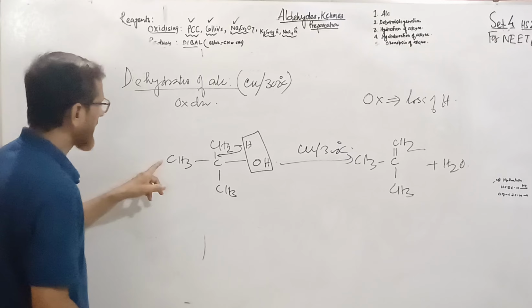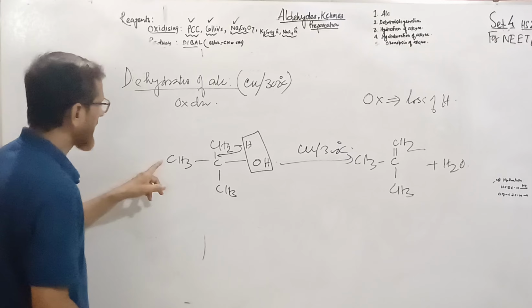But the tremendously important fact here is, if it is a 3 degree alcohol, what happens? Just see: CH3 C(OH) CH3 with CH3, it is a 3 degree alcohol. So copper, 300 degree centigrade.